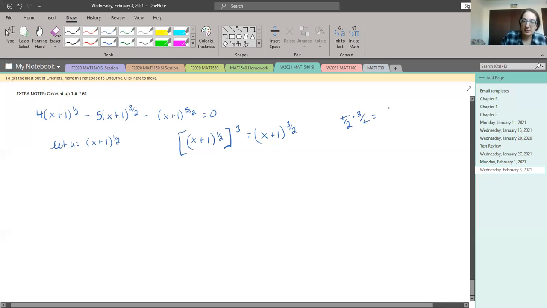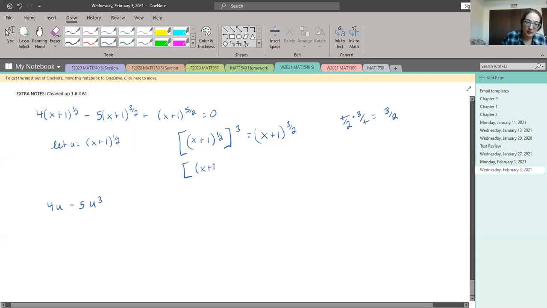The twos cancel, and we're left with 3 halves. So now we can write 4u minus 5u cubed, because we know that u cubed gives us what we have right here.